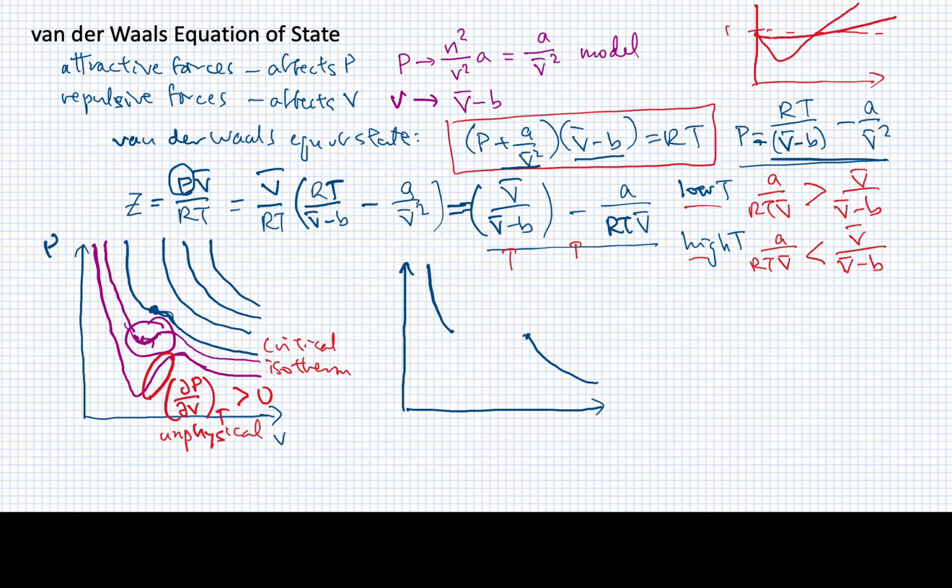And this is the area in between where the van der Waals isotherm does not behave as expected. The suggestion is to draw a horizontal line across here, where the area below the line and the area above the line are equal.